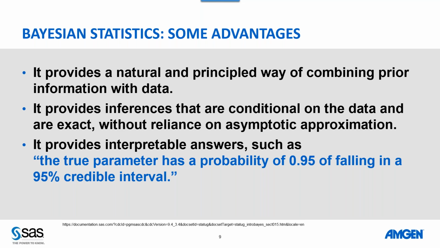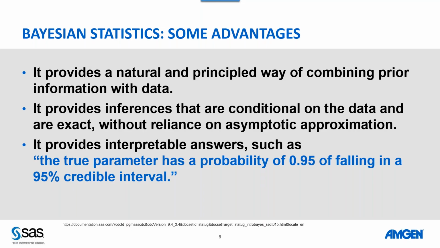You don't have an issue with the confidence interval meaning what it means, not that interpretation that people tend to have of a confidence interval in the frequentist approach. Most users think that confidence means there's a probability of 95%, for example, that the true parameter will be in that interval. That is not true within the frequentist framework, but it is true within the Bayesian approach, and that makes it very appealing.